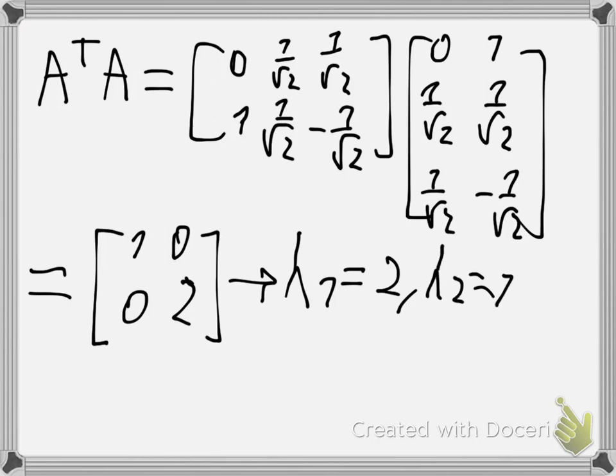Because remember, the singular values will be defined by the square root of the eigenvalues, and in the matrix sigma, you have to put them from the biggest singular value to the smallest. Okay, so sigma 1 will be the biggest, and sigma 2 will be the smallest here, because you will have two eigenvalues, or two singular values, and so I already put them in the good order. Okay.